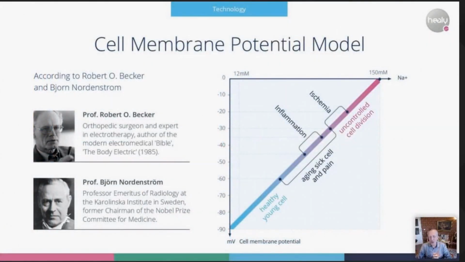And they are not so new, and probably you recognize immediately what you see here, because we have talked a lot about the cell membrane potential. The cell membrane potential is actually the voltage at the cell membrane. And remember, you all saw this diagram in a different way already.